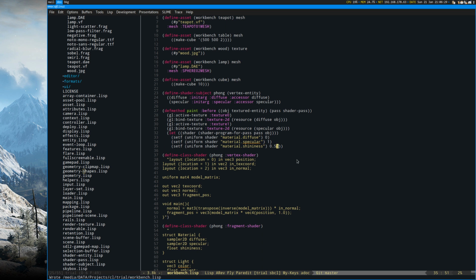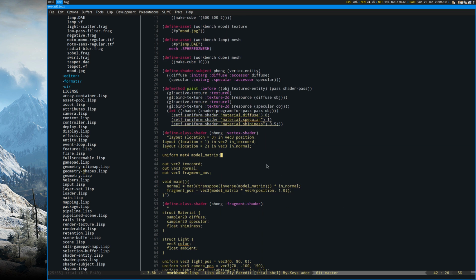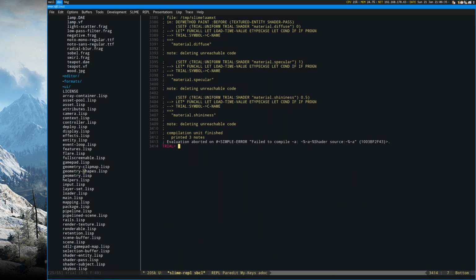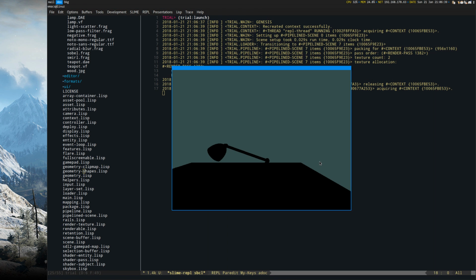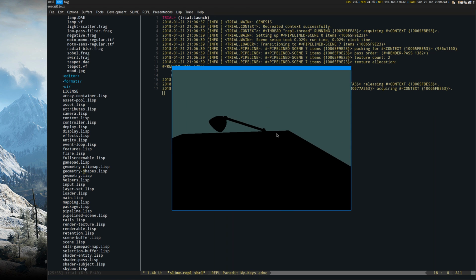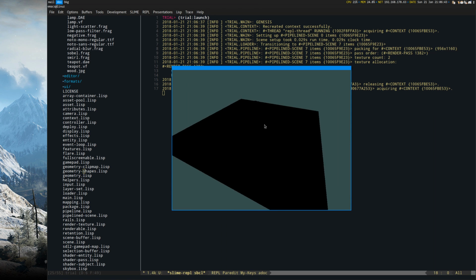Shininess was it. Why is everything dark all of a sudden?